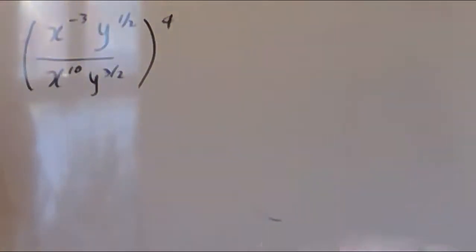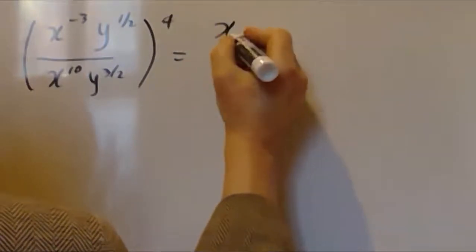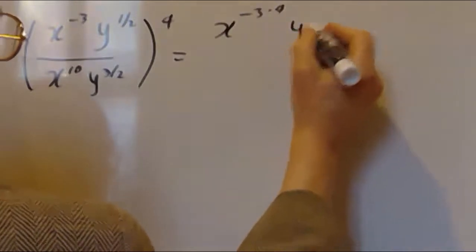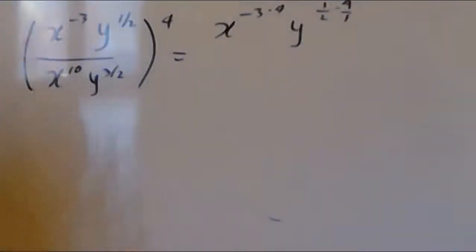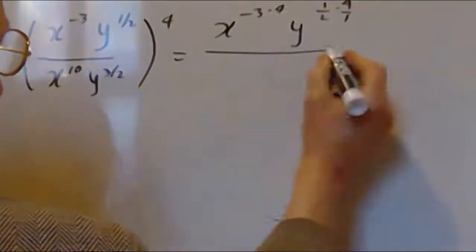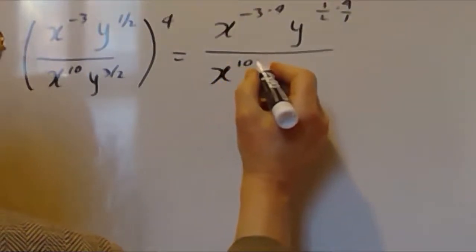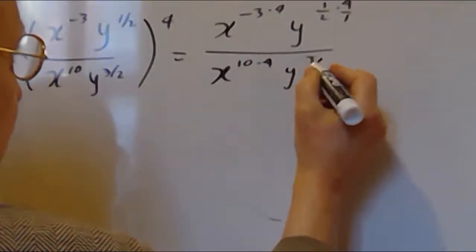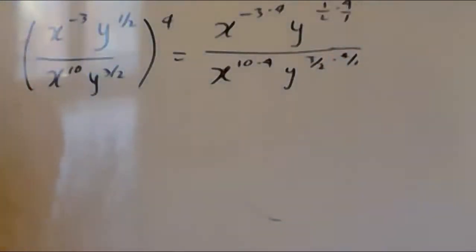So what I can do is just multiply the 4 in. So I have x to the negative 1/3 times 4, y to the 1/2 times 4 over 1, if you want to write it that way, just for placeholders. Then you have x to the 10 times 4, and then you have y to the 3/2 times 4 over 1.